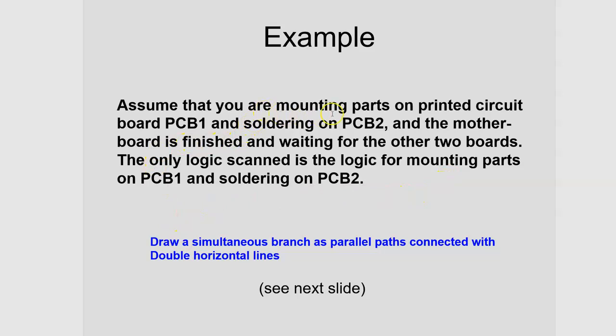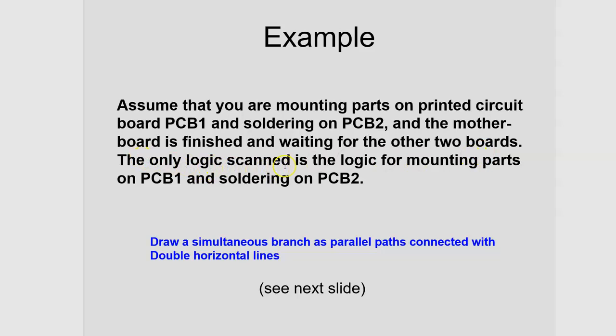Assume that you are mounting parts on printed circuit board PCB1. So you're mounting parts on one board. At the same time, you're soldering on the second board. And then the motherboard is finished, and it's waiting for the other two boards. You've got some kind of machine that's going to assemble these.